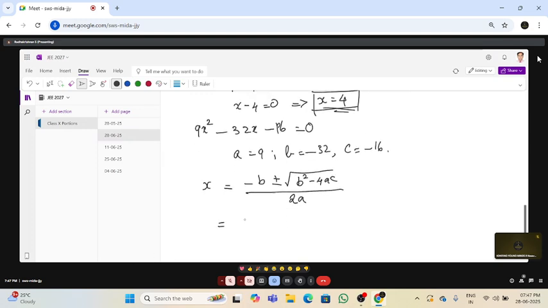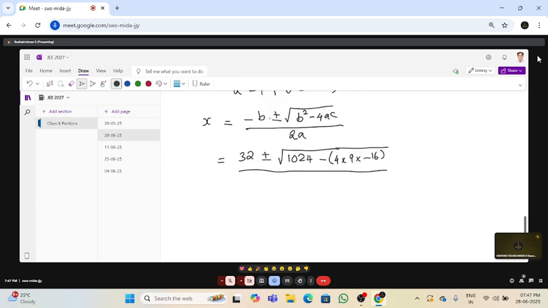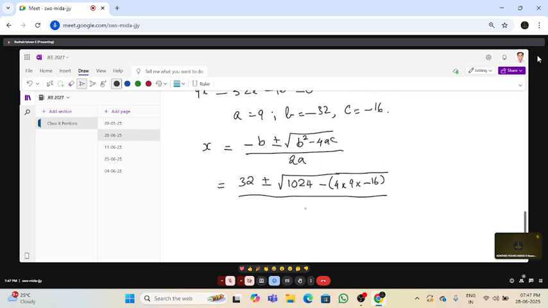Okay. So minus b is plus 32 plus or minus square root of b square. 32 square is 1024, b square minus 4ac, 4 into a into c, whole divided by 2a. 2a is 18, right? 32 plus or minus square root of 1024.